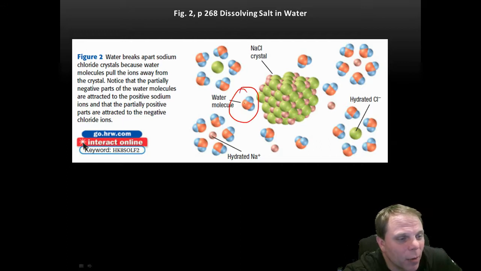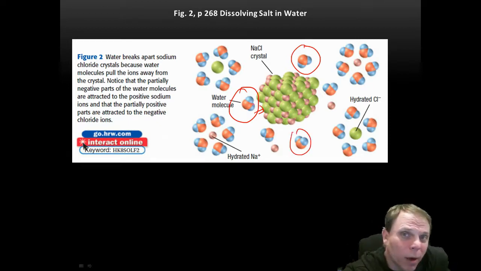You can see here we've got a water molecule, and it's approaching the salt crystal, and we've got other water molecules doing the same thing. What happens is these water molecules are orienting themselves so that they're able to align the positive sides, which are the hydrogen atoms, toward the negative sides of the sodium chloride, which would be the chlorine, which is negative. So you'll have these positive parts of the hydrogens all surrounding the negative chlorine.